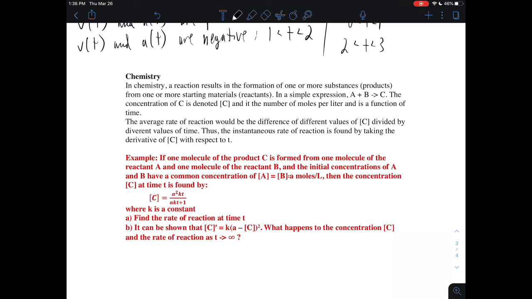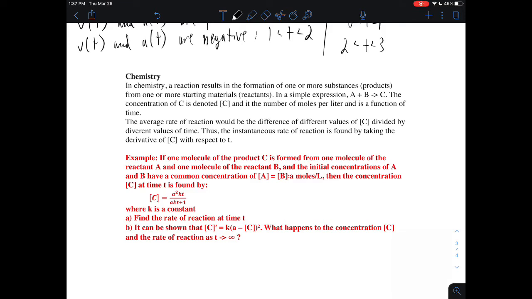The average rate of reaction would be the difference of different values of C divided by different values of time. Thus, the instantaneous rate of reaction is found by taking the derivative of [C] with respect to t. For example, if one molecule of the product C is formed by one molecule of the reactant A and one molecule of the reactant B, and the initial concentrations of A and B have a common concentration, [A] equals [B] equals lowercase a, just standing for a constant, moles per liter, then the concentration of C at time t is found by this equation.